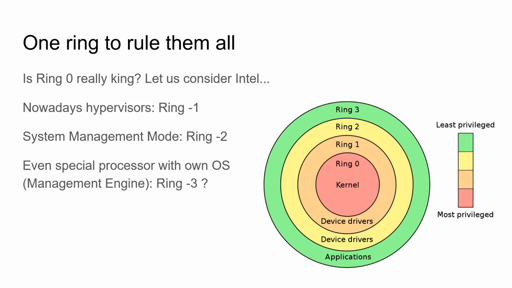And then there's another mode in which your CPU can operate, say, Intel processors, which is called system management mode. And that is even more privileged than that. So we call that ring -2.